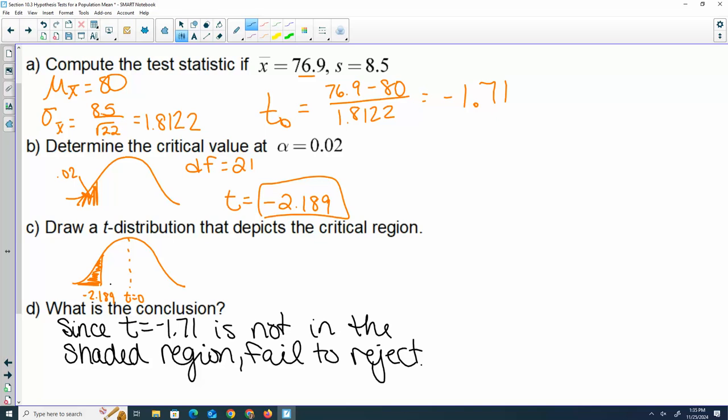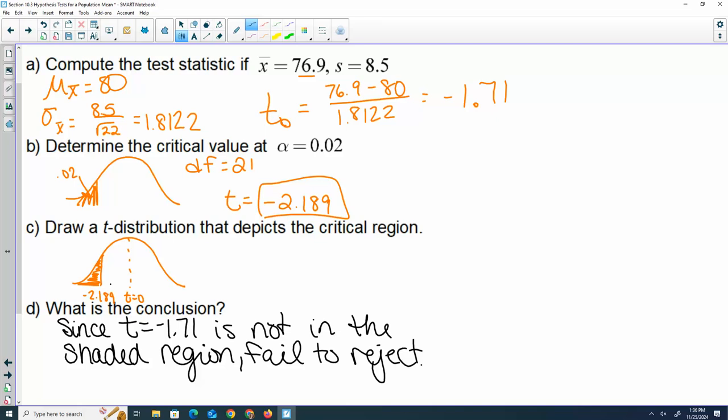Yes. Basically, the classical approach is not actually finding the probability, it's comparing the t for our alpha level and the t for our data. If we're in the shaded region, we reject. If we're not, we fail to reject. If we had to do one of these by hand, this would be the best option, just because our t table doesn't give us all the probabilities.